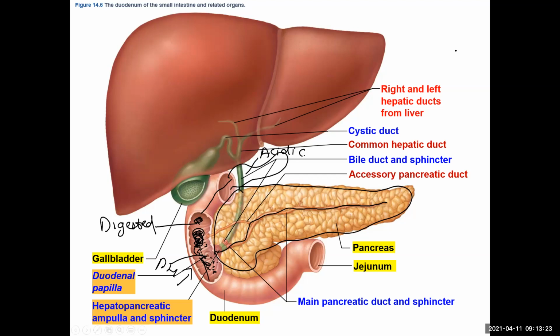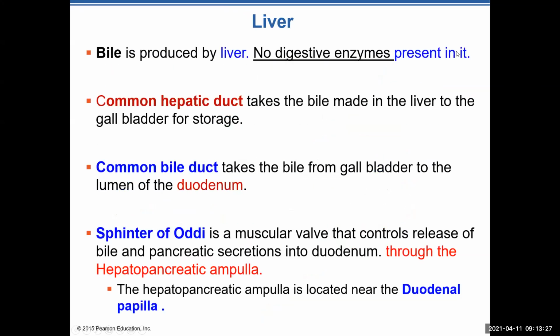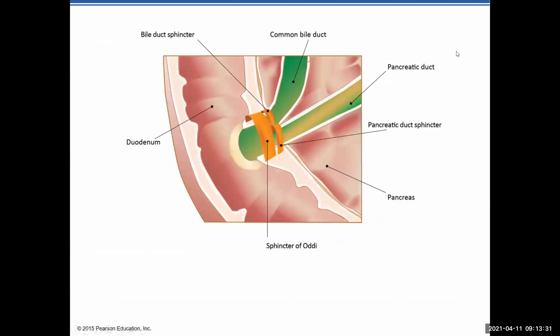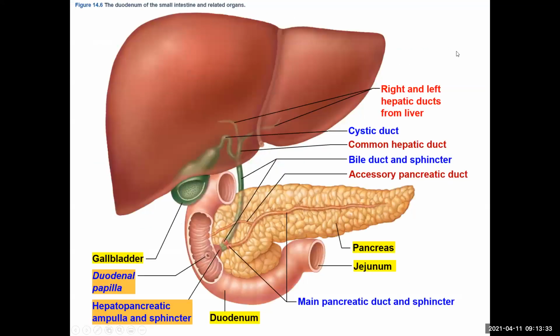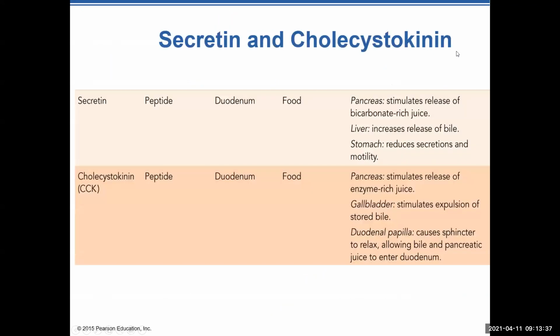And then we also spoke about, if you remember last semester, the two hormones. Does anyone remember the two hormones? Cholecystokinin and secretin. I will show you the table. Remember this table? This was in chapter number 9, but there the color was blue. The table is the same.